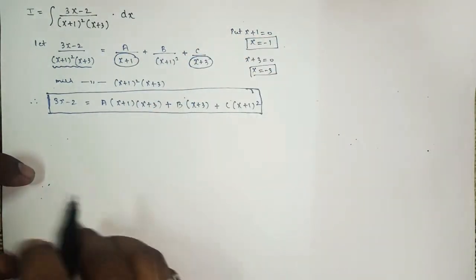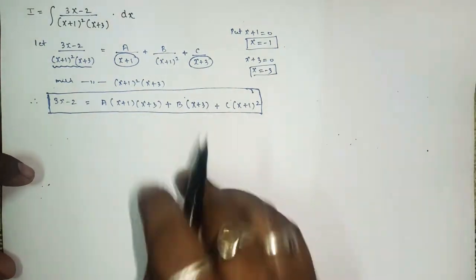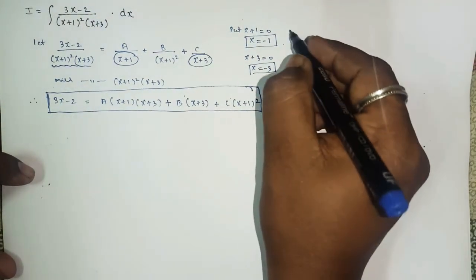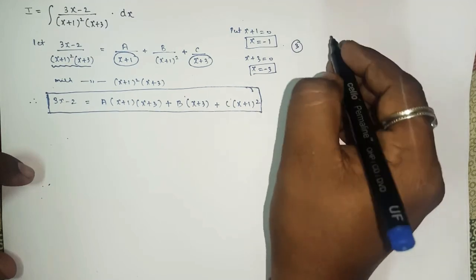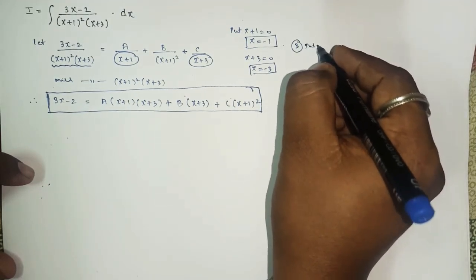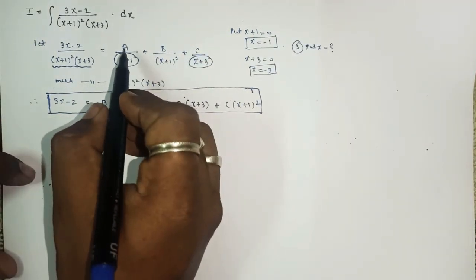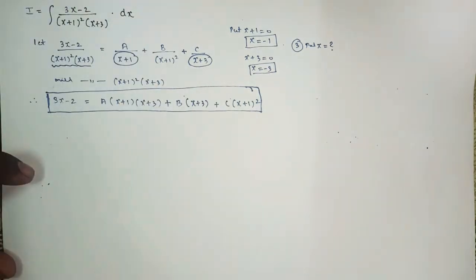So what about the third one? To find the third one, we require one more linear factor. Okay, without the third linear factor, we are unable to find out the value, because for a, b, c we require three linear factors.